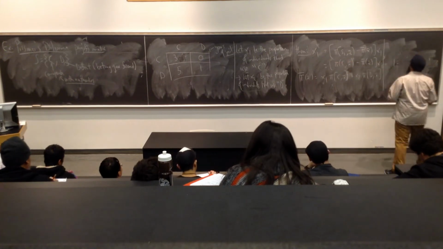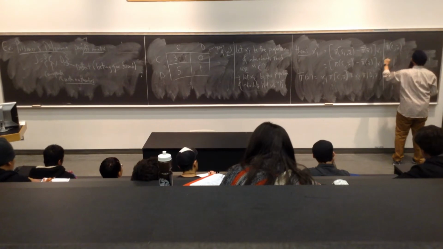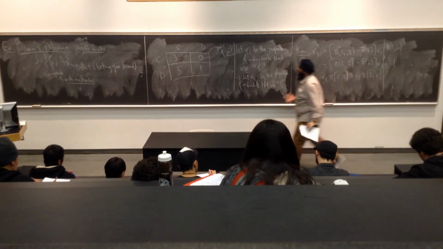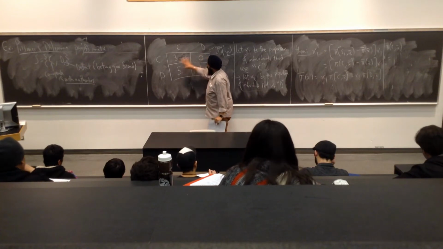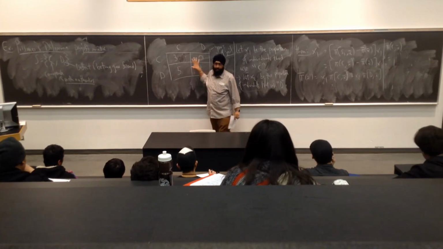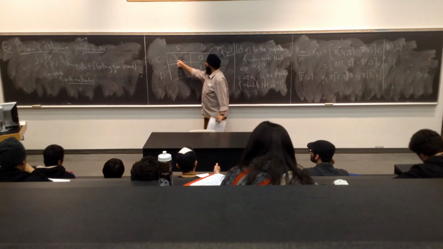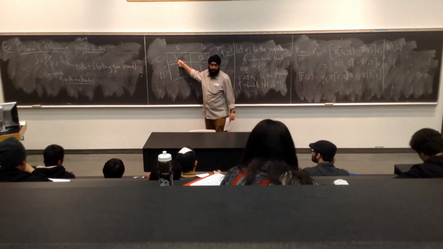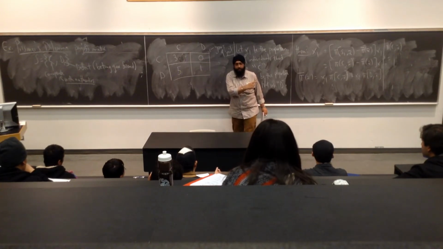So, pi of C of x. You literally just go across the rows here. x1 refers to the numbers in the row.